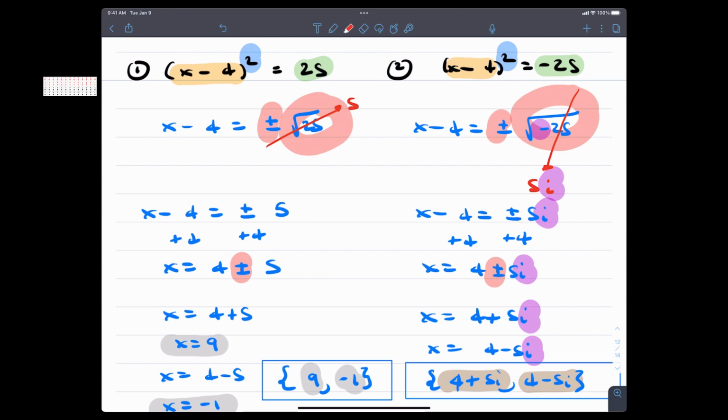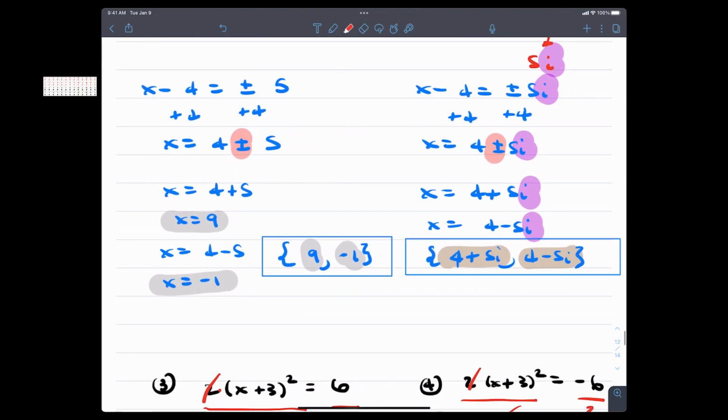Always, always, always plus or minus. We did it over here. Like see this plus or minus? In one case, it's plus, and in the other case, it's minus. Now, you have to do them separate. You can't do it at the same time.